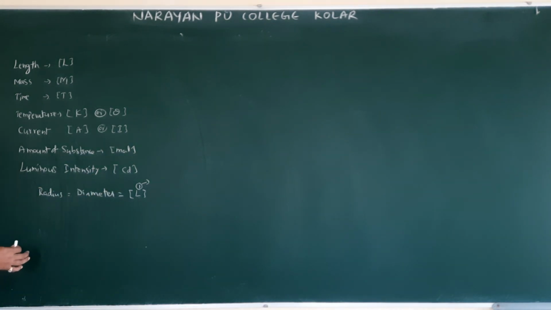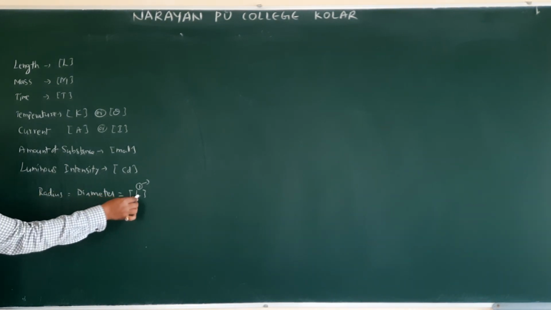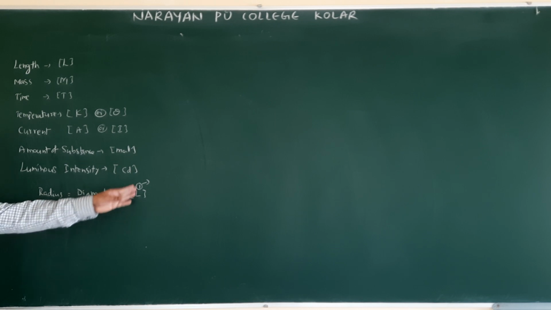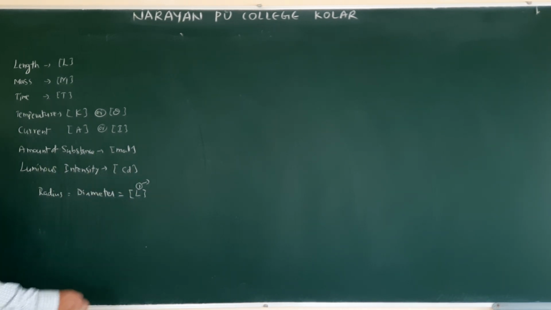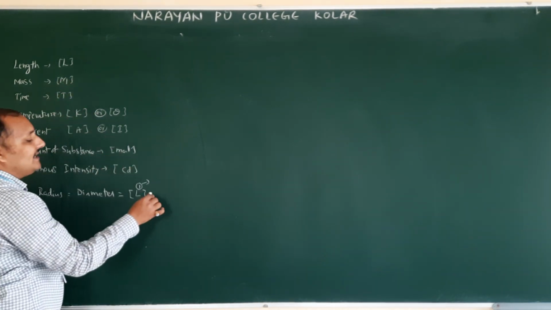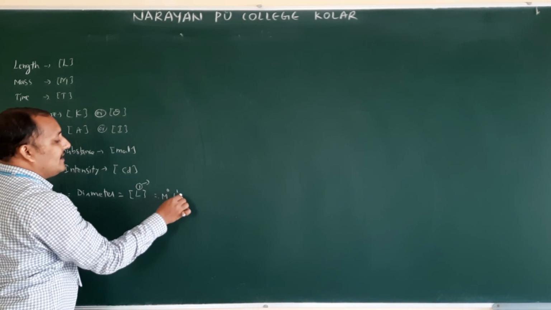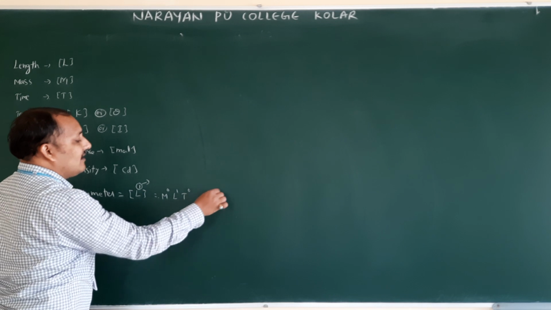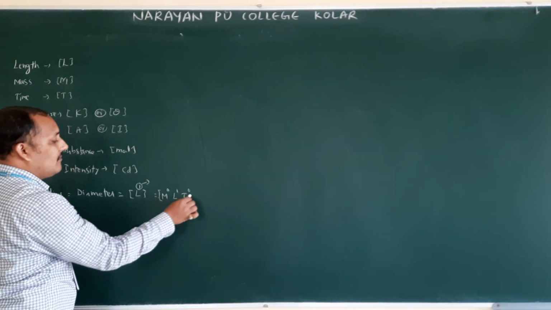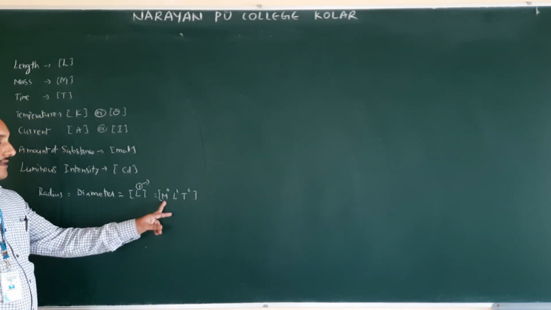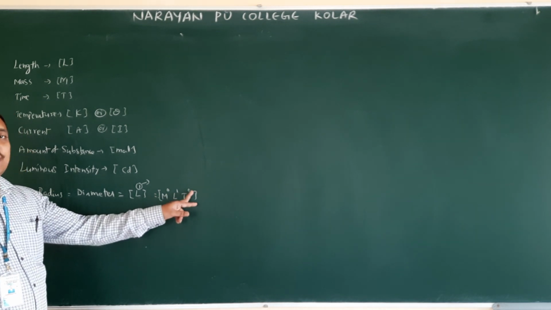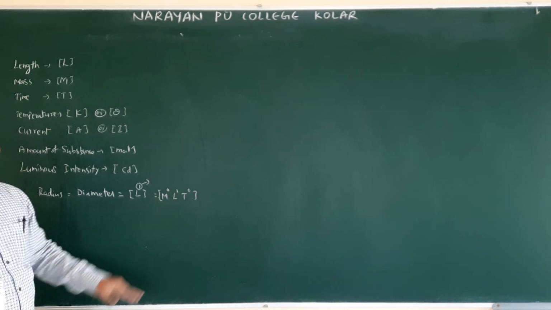If you want to write distance or displacement, they also come under length. Therefore, L power 1. Generally, whenever we write in terms of M and T, L power 1 means M power 0, L power 1, T power 0, remaining also power 0. M power 0 means 1, T power 0 means 1. Generally they write with M and T.